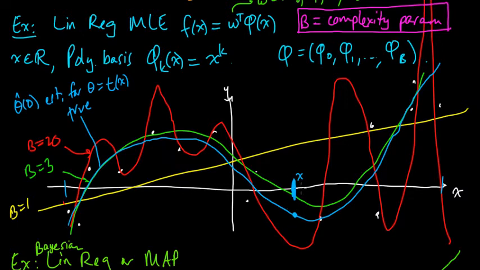Let's think about the case of b equals 1. That was the nice simple case here with the line. If we drew successive samples from our data and took the maximum likelihood estimate for that particular model, we would get a line like that, and then a line like that, and a line like that.